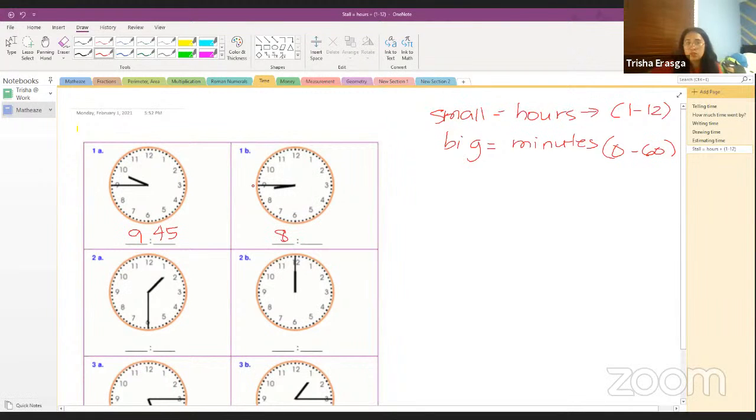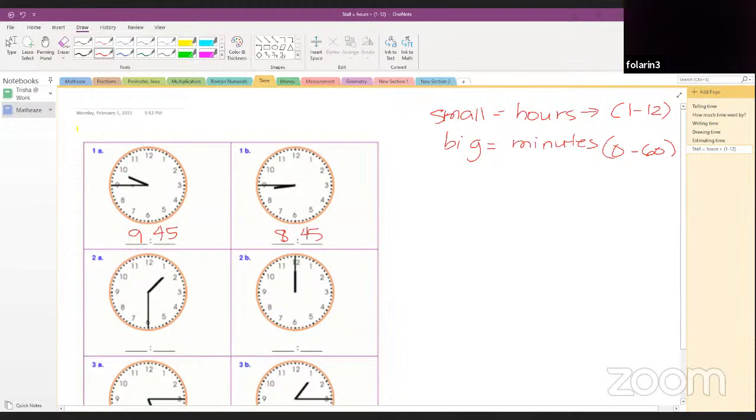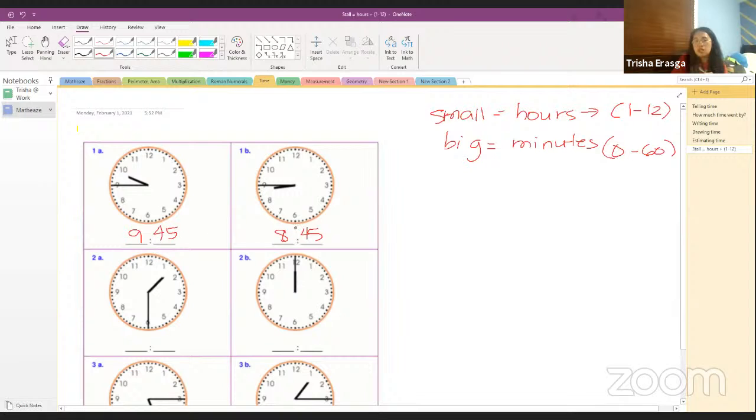And then we can do skip counting again by 5s. So this one's a 0. This is 5, 10, 15, 20, 25, 30, 35, 40, 45. So this is 8:45, which we should have had as a clue because this one's also on the 9 for the big hand. So it should give you the same minute reading.